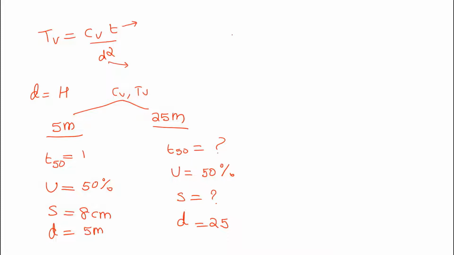Fine. So here in this equation, Tv is equal to Cv t by D square. I'm considering the 5 meter thick clay layer. So Tv by Cv is the same for both layers. So I can write T50 by D square is a constant.